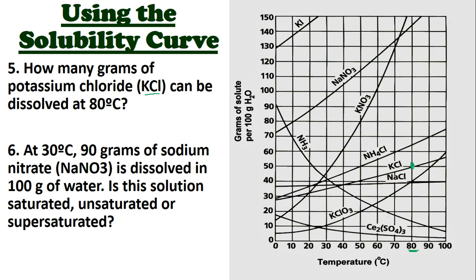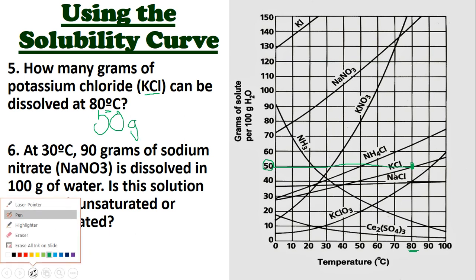Then you're going to go directly to the left, and you're going to see that it's at 50. So it's 50 grams. Always have your units there. Units are very important in science.